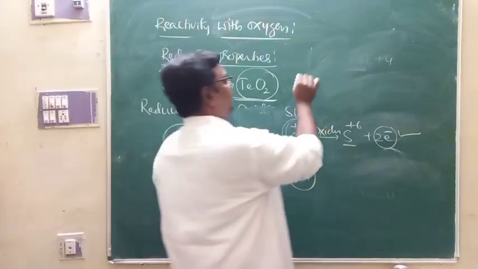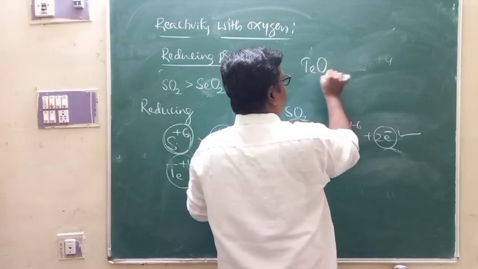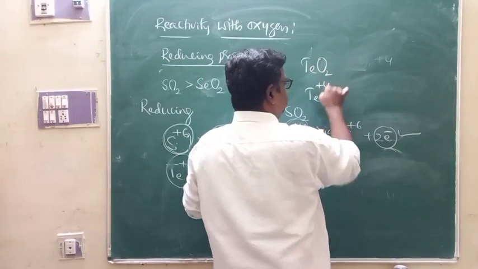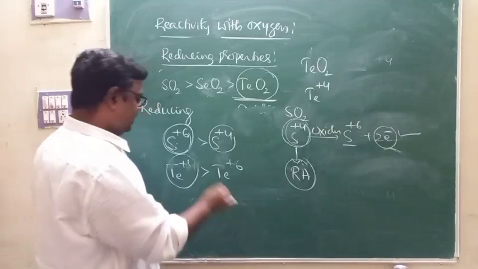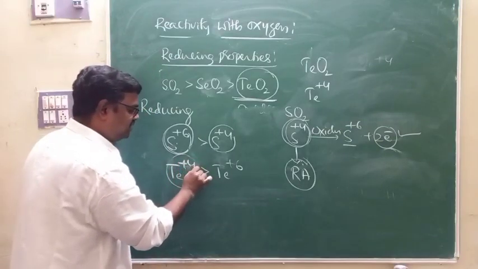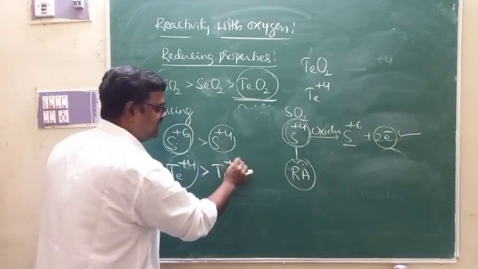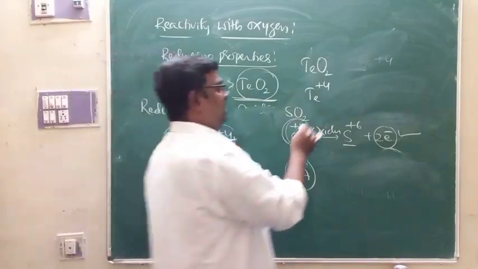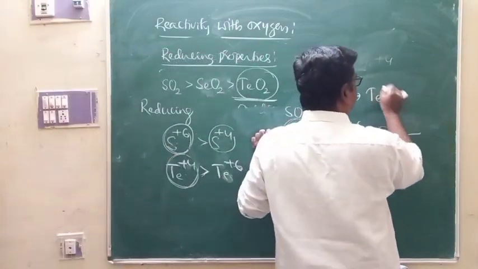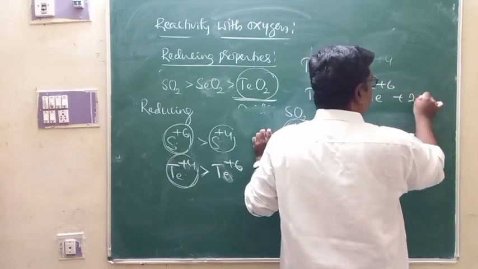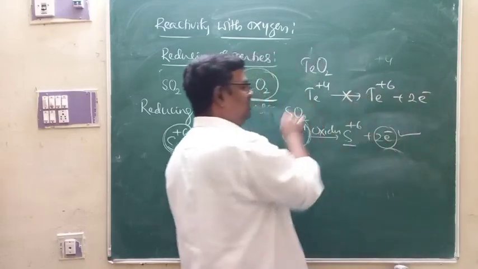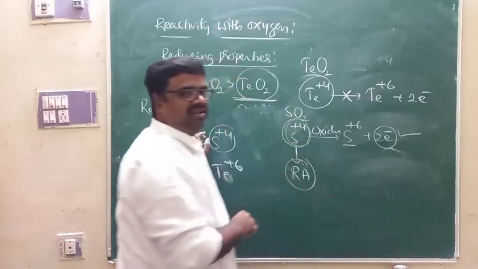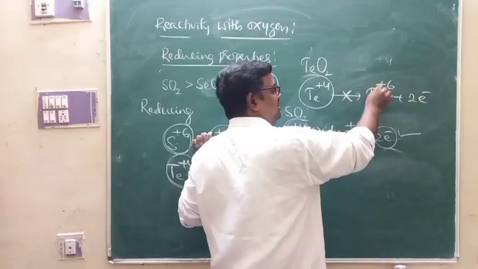Whereas in the case of TeO2, where Te is in the +4 state, in tellurium +4 is more stable than +6. So +4 will never be converted to +6. Since +4 is stable in tellurium, it never undergoes oxidation.